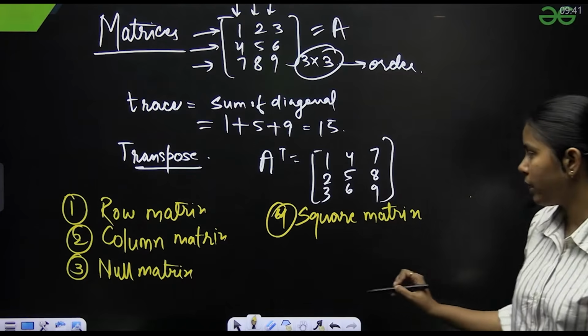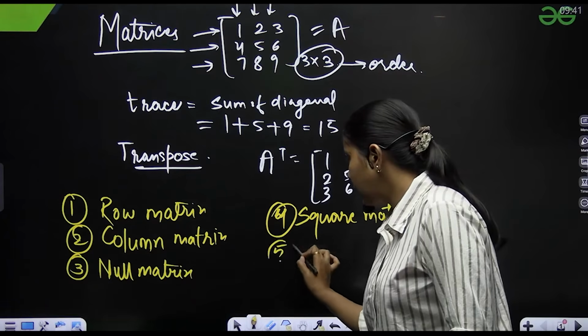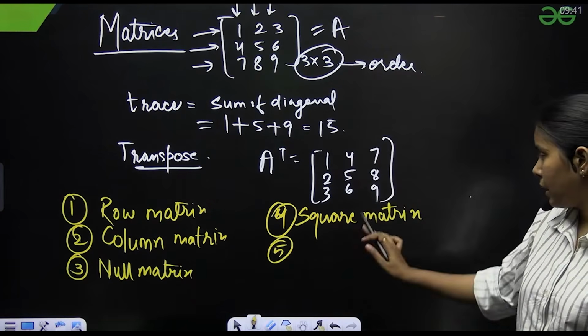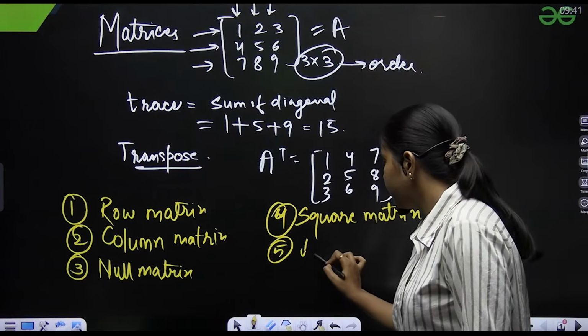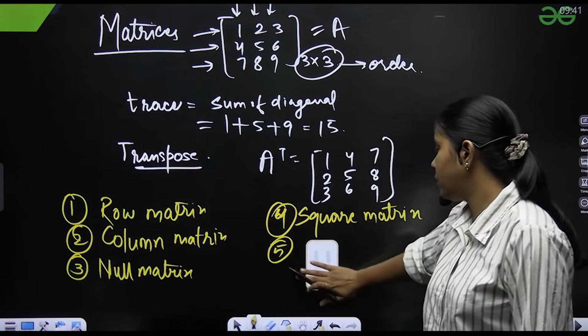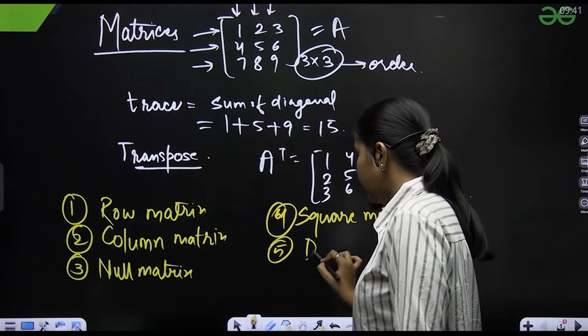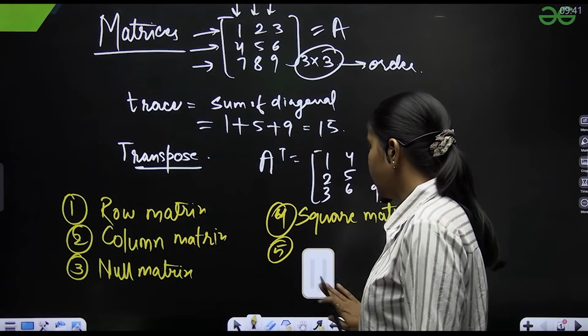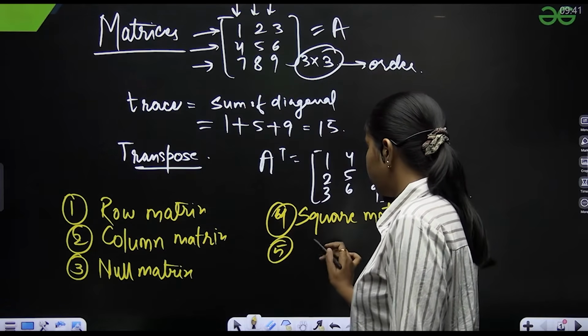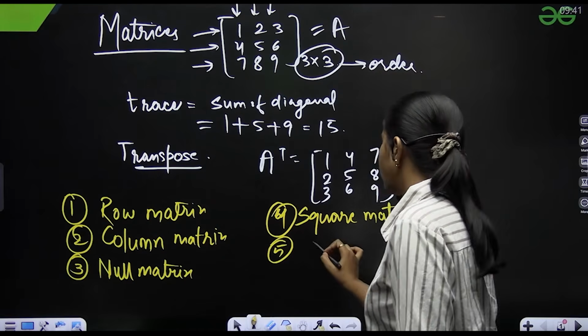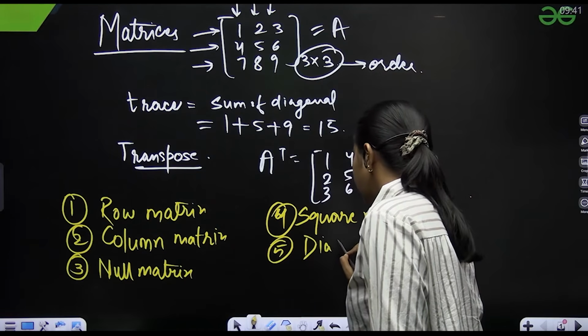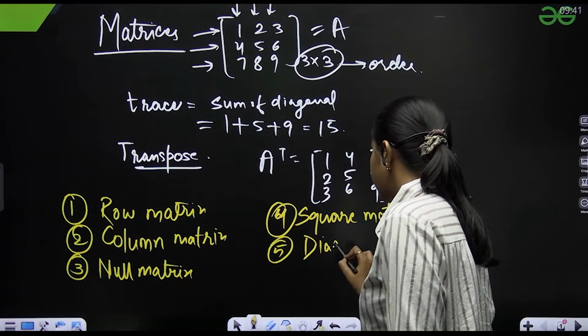Later on we discussed the lower triangular, or rather before that we discussed the diagonal matrix.